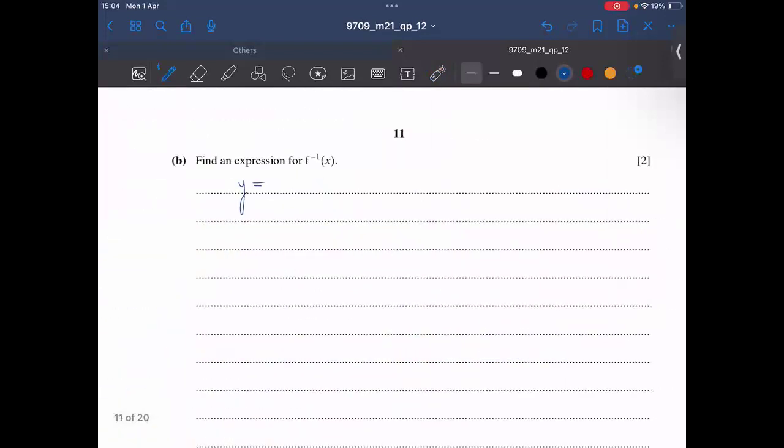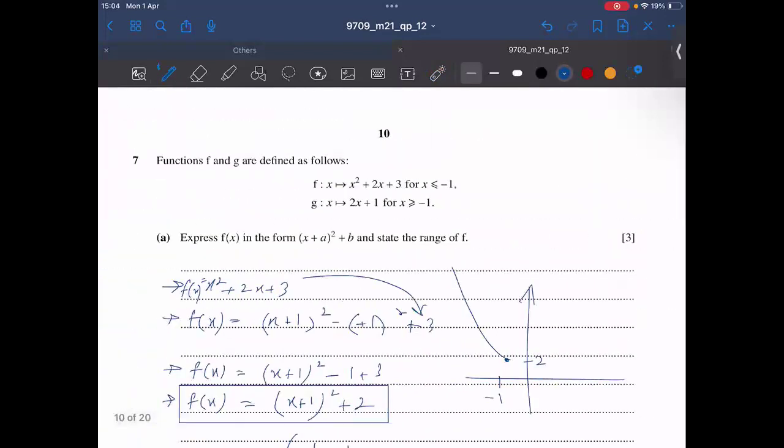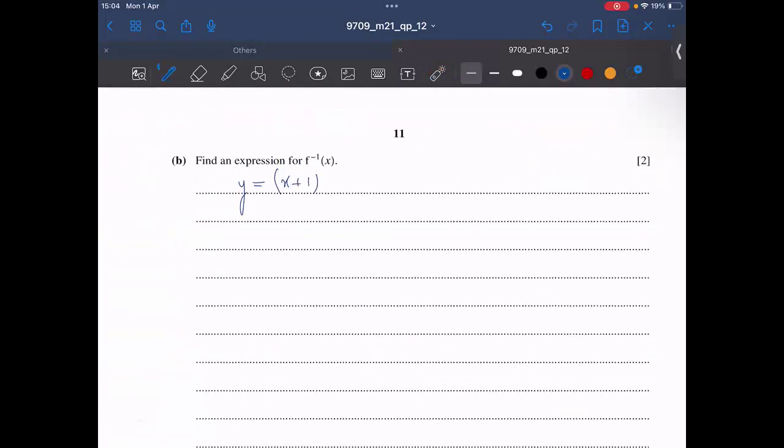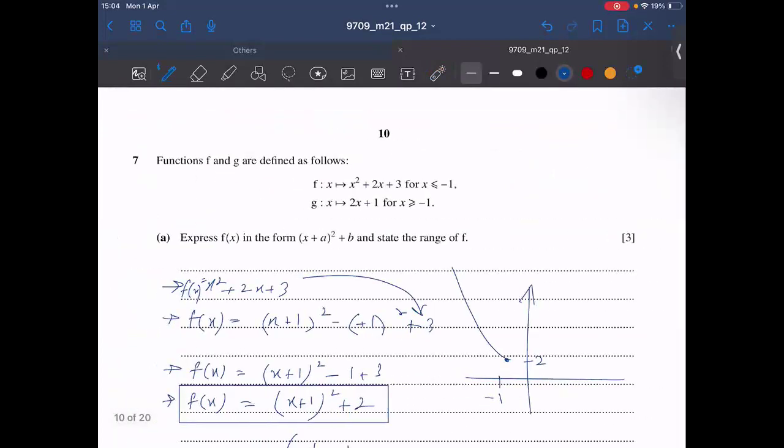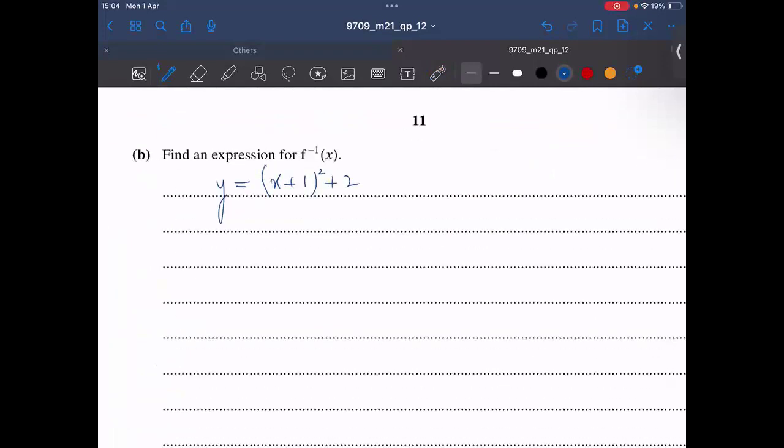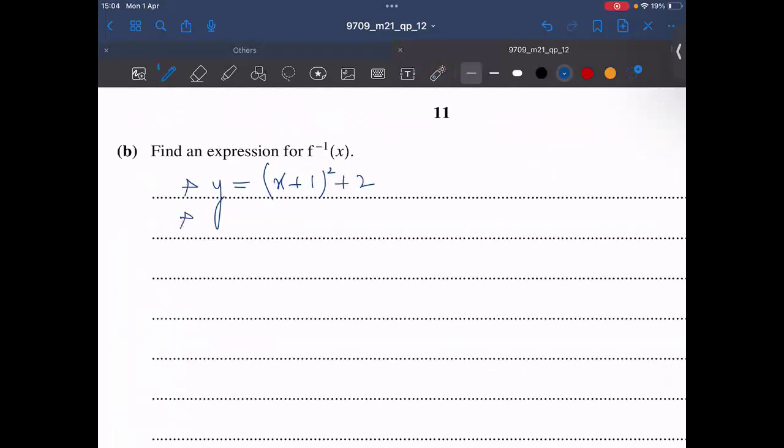All right, so y equals (x plus 1) whole square plus 2. This is what we have. Now, when we talk about an inverse function, basically the input and the output variables get switched. The input variable becomes the output variable.